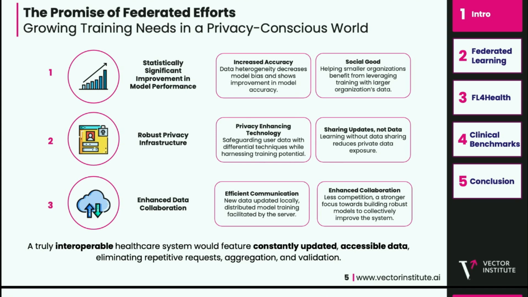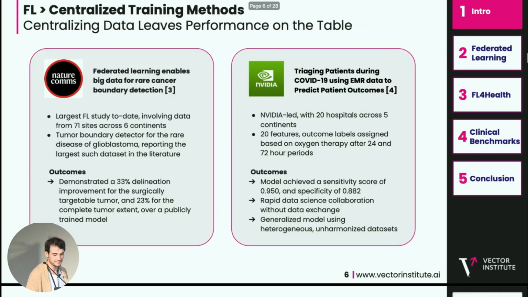So by keeping data local on clients, we're reducing the chance of private data exposure. I do want to mention, though, that federated learning is not the be-all and end-all, and there's other privacy-enhancing technologies that we have to layer in on top if we're looking to do deployments. And then lastly, a nice benefit is just by virtue of how federated learning is designed, we can retrain the model at set intervals as data is added at different hospital sites.